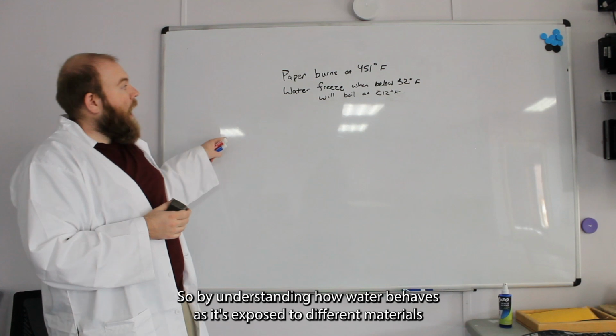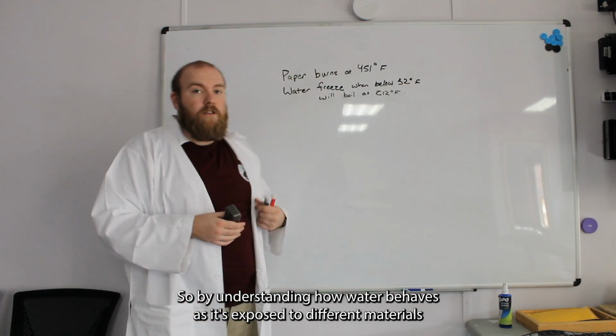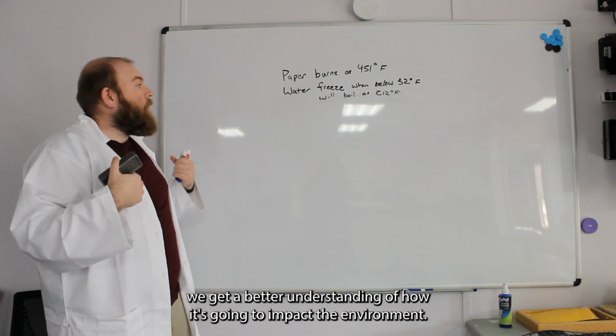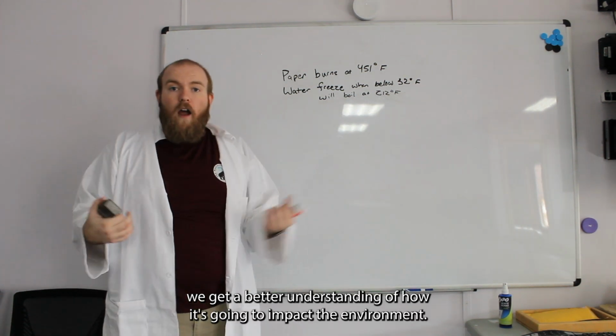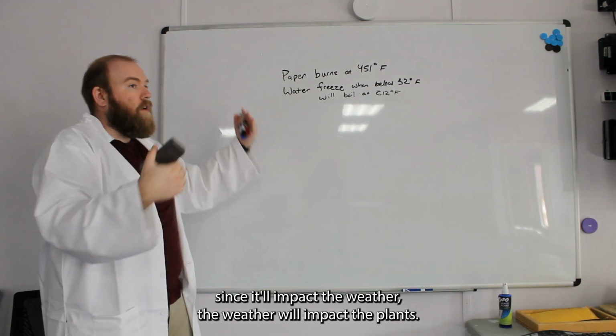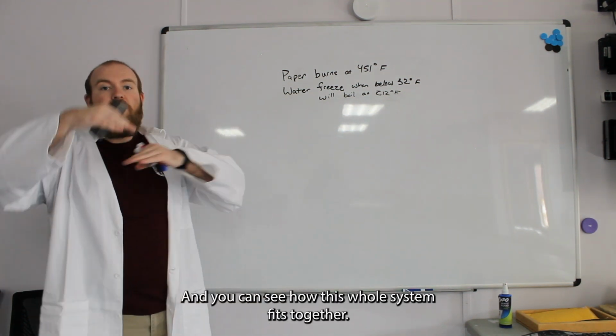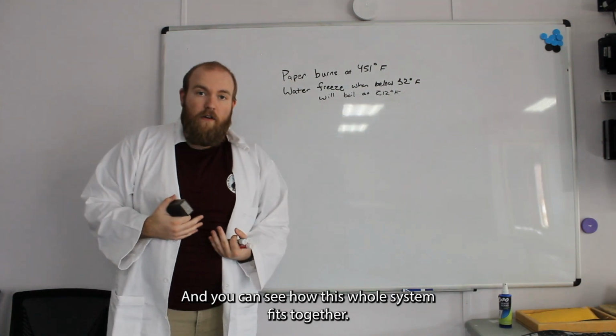So by understanding how water behaves as it's exposed to different materials and different temperatures, we get a better understanding of how it's going to impact the environment. And of course, since it'll impact the weather, it will impact the plants, the animals, and so on and so forth. And you can see how this whole system fits together.